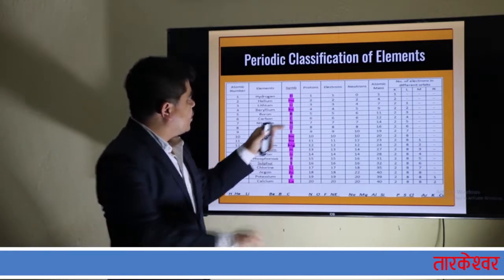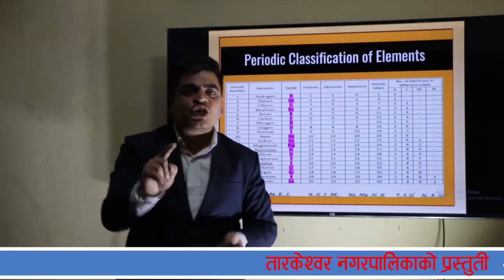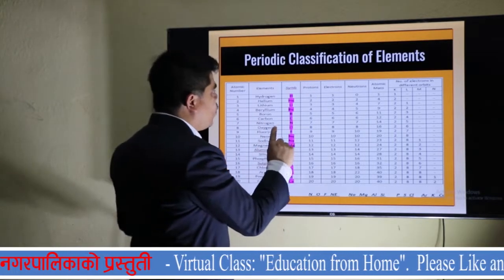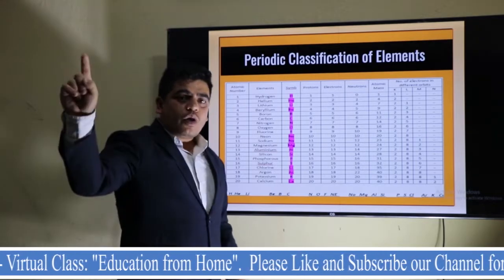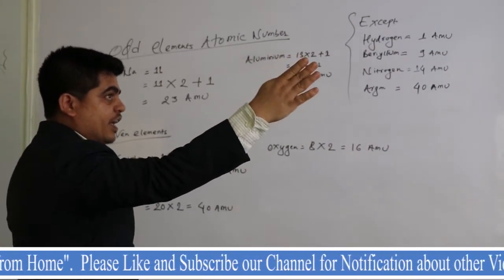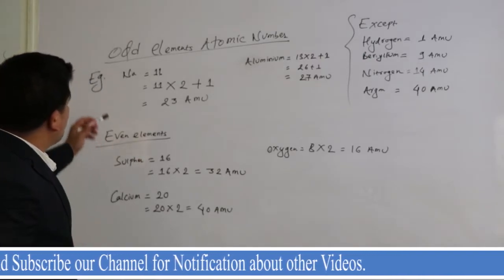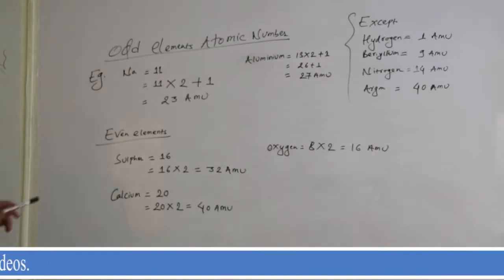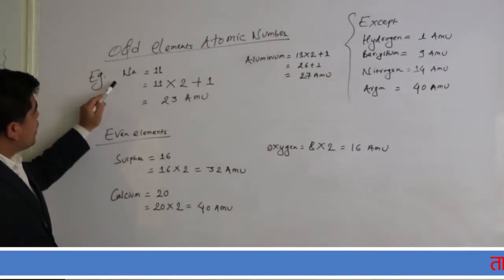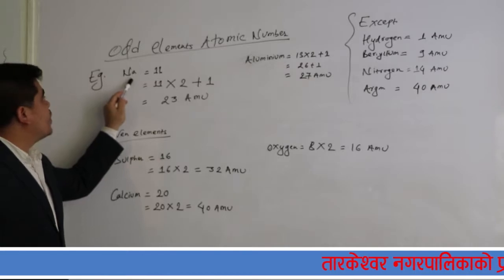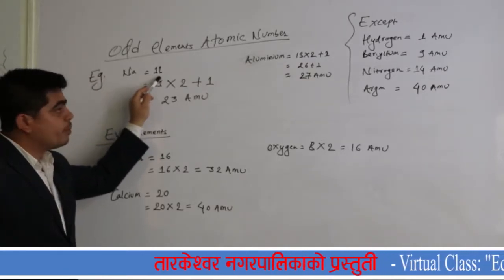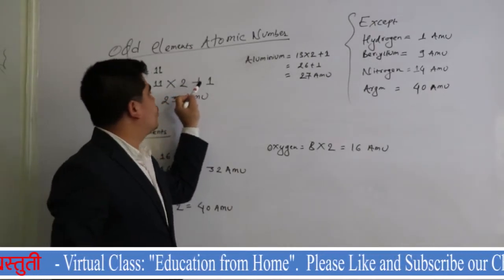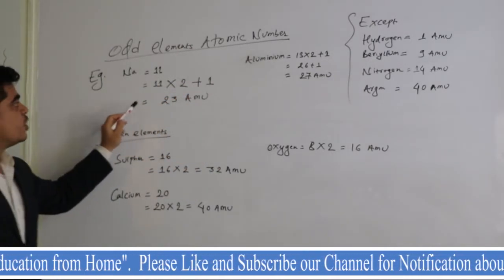Lithium has 3, so 3 has to be multiplied by 2 plus 1, so 3 into 2 is 6 plus 1. Earlier I was giving the basic concept of how to find the atomic mass in the periodic classification of elements. So for odd elements, I have picked here sodium as the odd element, whose atomic number is 11. Multiply it by 2 plus 1, that is equal to 23 AMU.